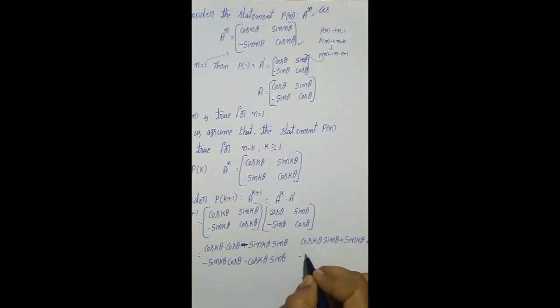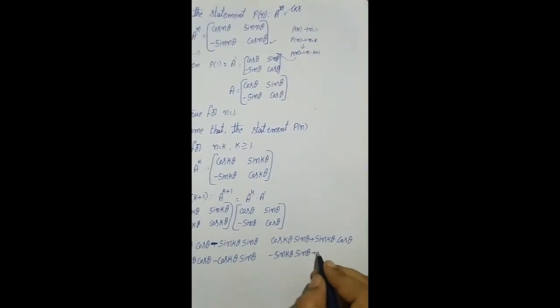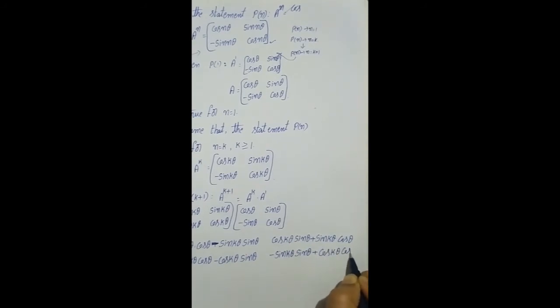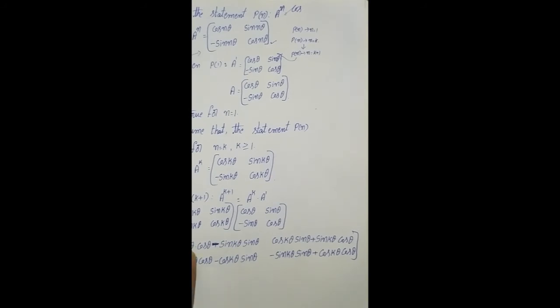Next, minus sin k theta sin theta plus cos k theta cos theta. This is the multiplication value: cos k theta into cos theta minus sin k theta into sin theta.